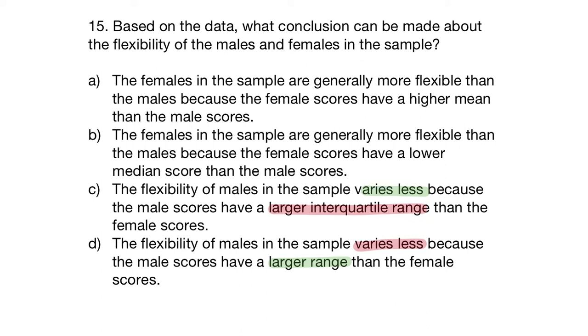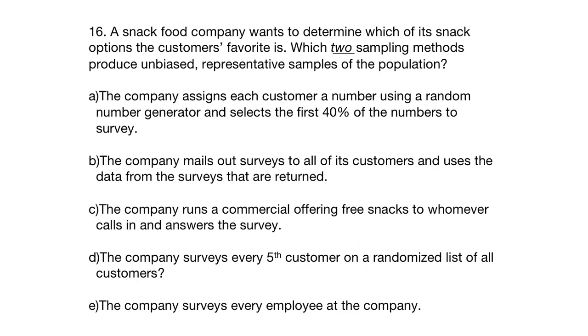Can the male scores vary less if their range is larger? No. Those have to be the same describing words. All right, let's go to 16. We want two sampling methods that produce unbiased representative samples of the population.